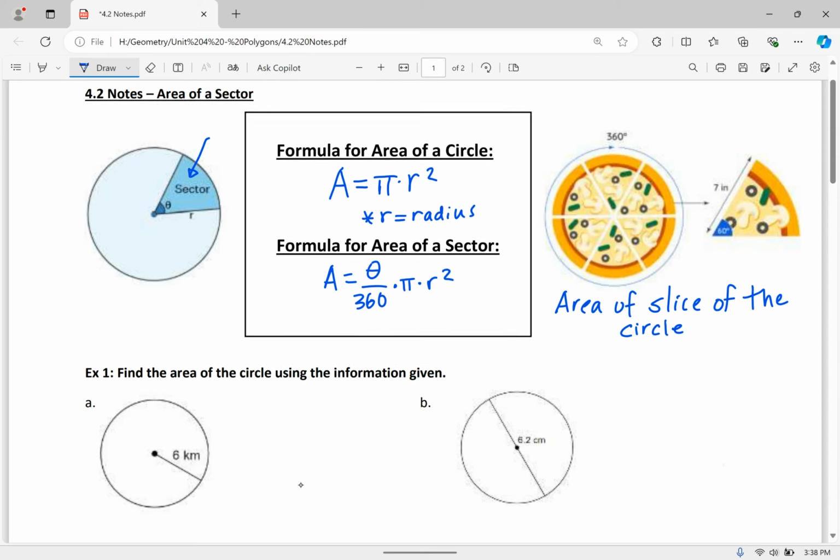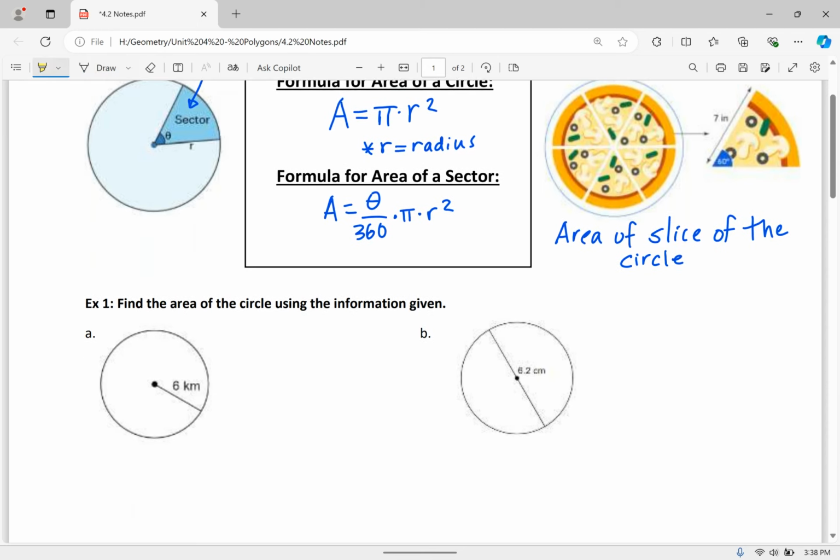Let's do a little practice here where we are just finding the area of a basic circle, just to get used to doing the area. We know that the formula is pi times the radius squared, and in the example next to us, the radius is 6.